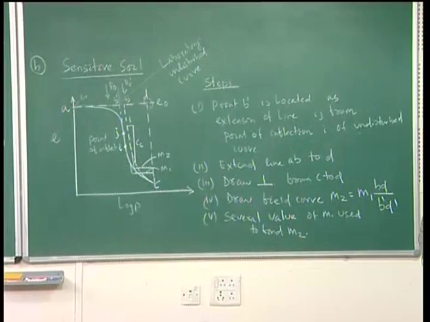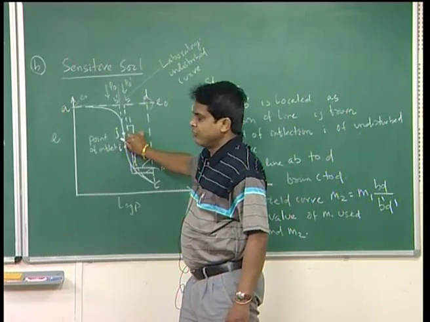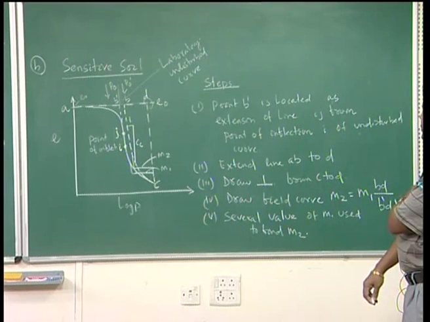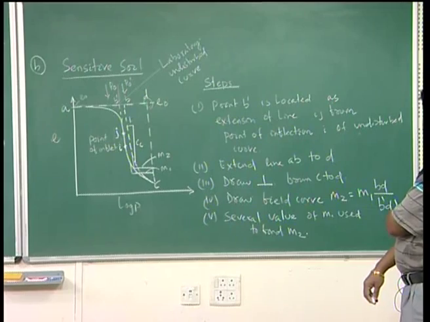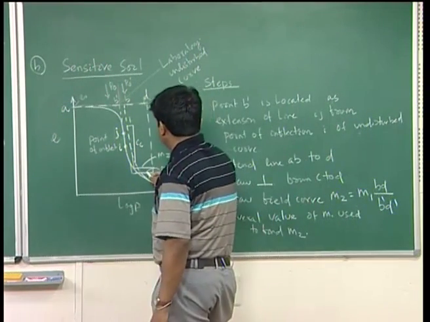Now, you draw the field curve. Particularly, this is your laboratory curve. Draw the field curve. M2 is equal to M1 BD by B prime D prime. This is my M2.